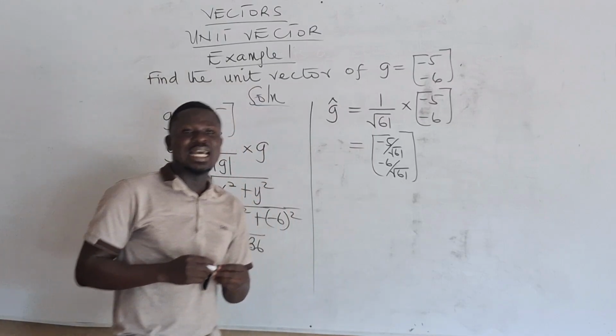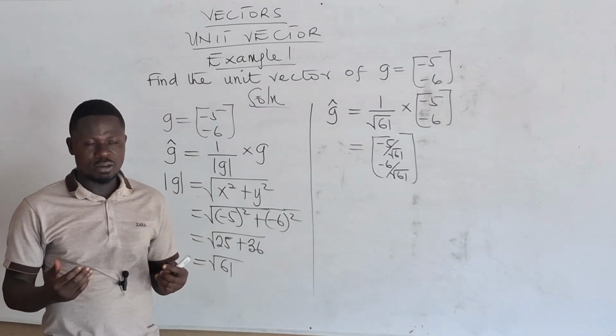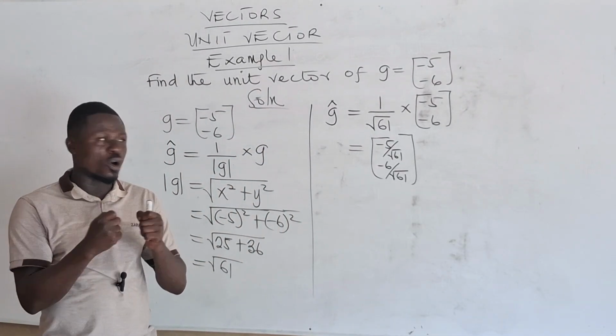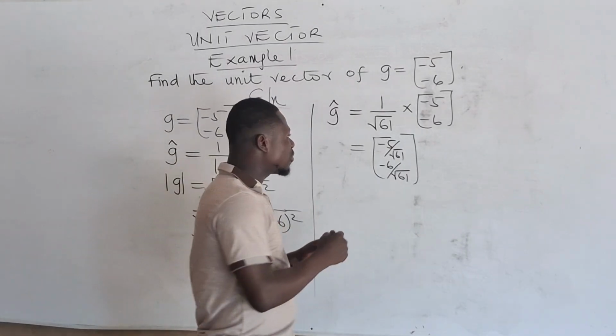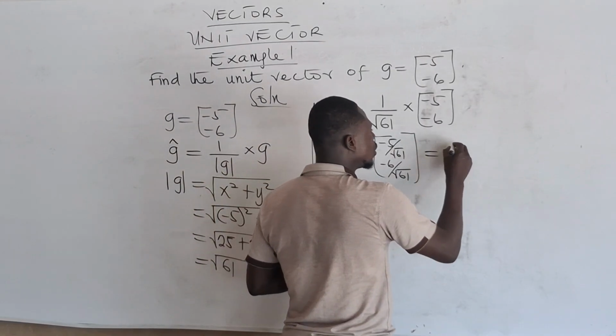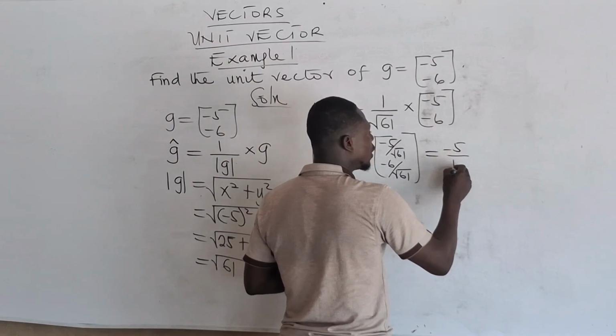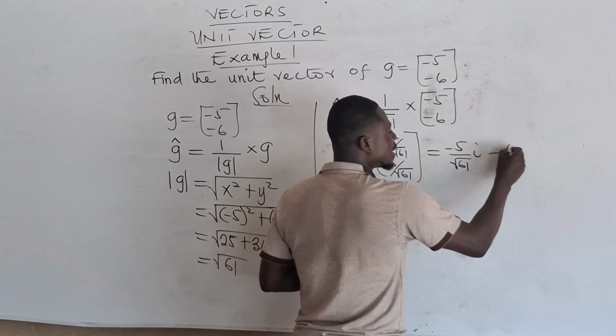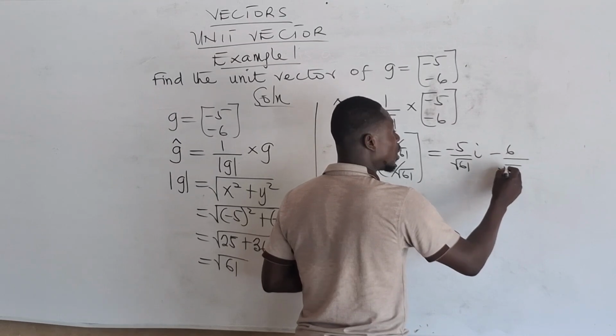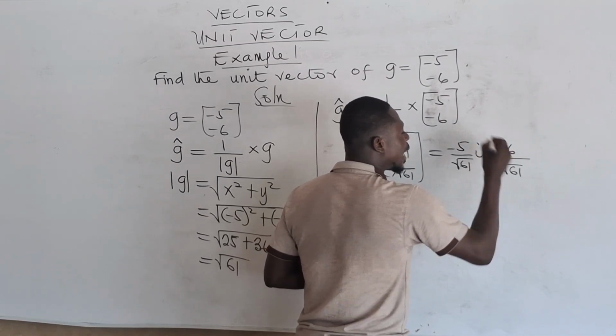This is in the component form, in other words, the column form. If you want to write it in the Cartesian form, this will be equal to negative 5 on the square root of 61 i minus 6 on the square root of 61 j.